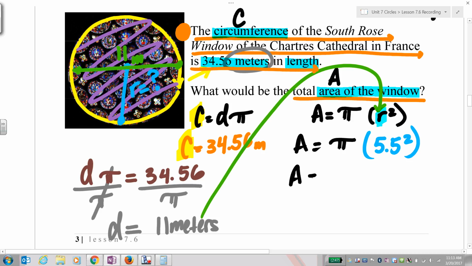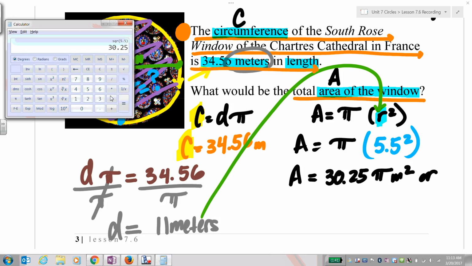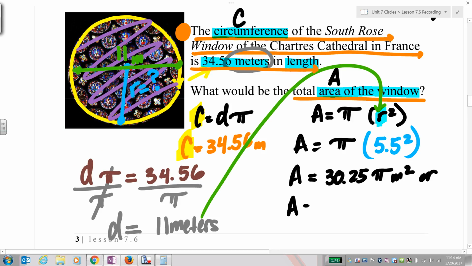So our area is going to equal 30.25 pi. Check for units, it's meters squared, or get it into a decimal version. Second decimal place, 95.03. And of course, it's meters squared.